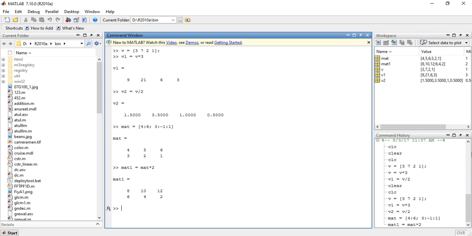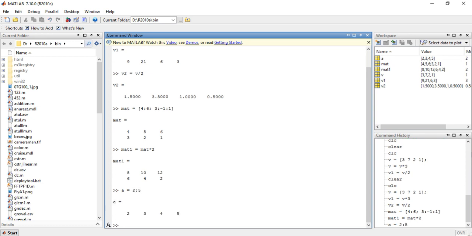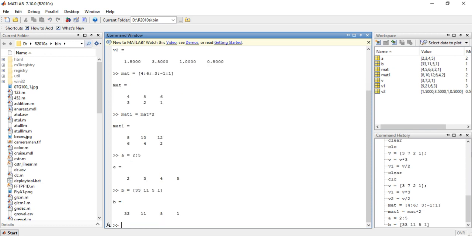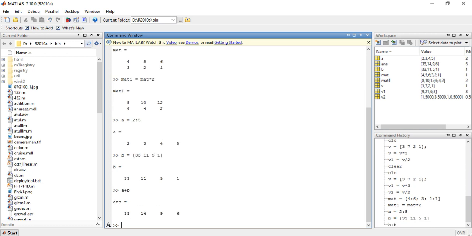Let us take an example: a equals 2 to 5, so this is a vector, and similarly b equals having some values 33, 11, 5 and 1. Now we want to add these two vectors, a plus b. This gives the summation of the two vectors.